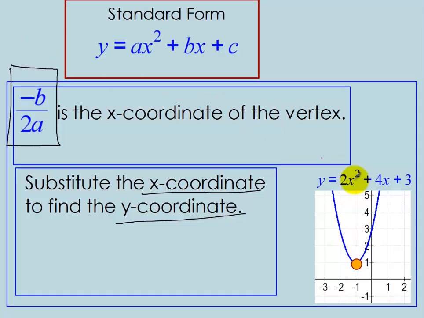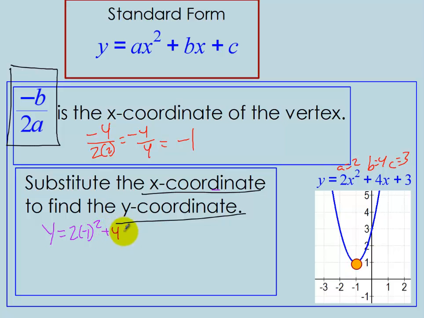So for example, in the case of this graph over here, my a value equals 2, my b value equals 4, and c value equals 3. To find the x-coordinate, I plug in negative b, so negative 4 over 2 times a, 2. So it's negative 4 over 4, which is negative 1. So that's the x-coordinate. Now to find the y, I substitute negative 1 in. So it's going to be y equals 2 times negative 1 squared plus 4 times negative 1 plus 3.